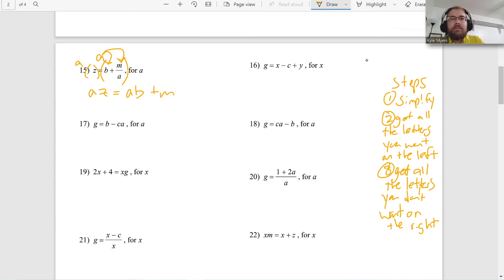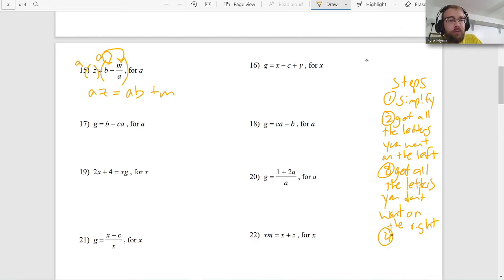Okay? You're separating them. All the terms that have the letter you want in them, put them on the left. And by put them, I mean, subtract or add them on both sides so that they go away. And do the opposite for the other letters. If a term does not have the letter you need in it, it belongs on the other side.